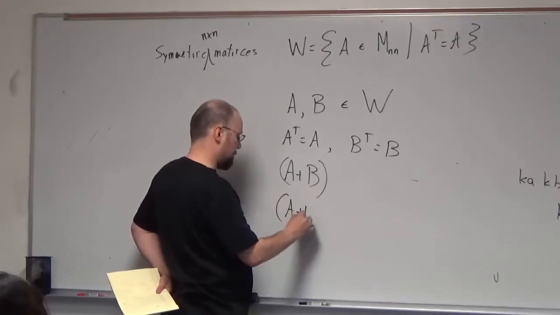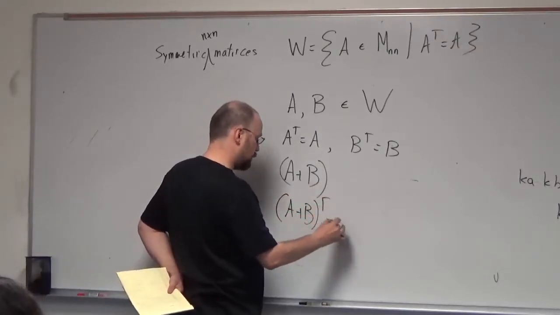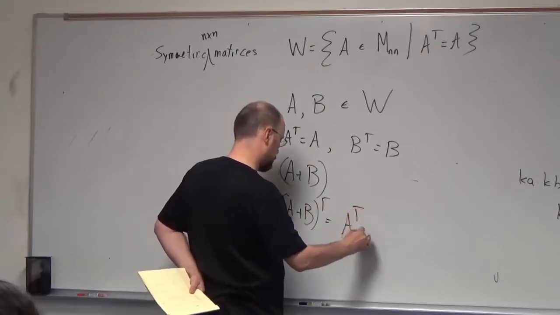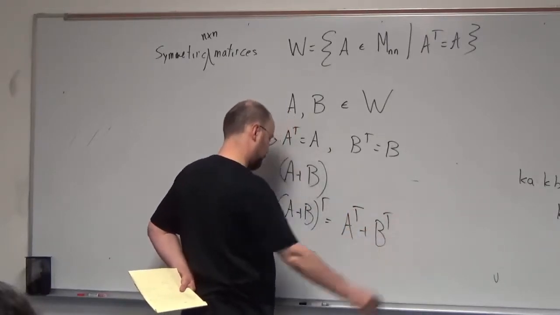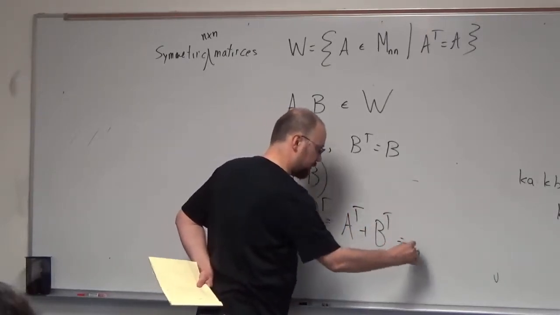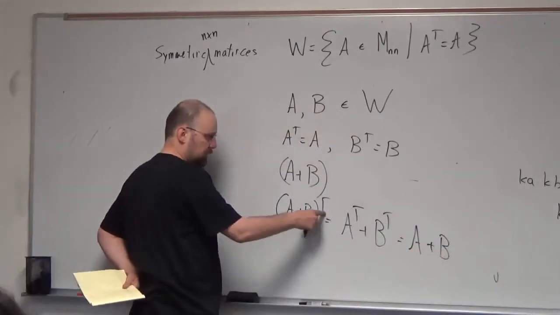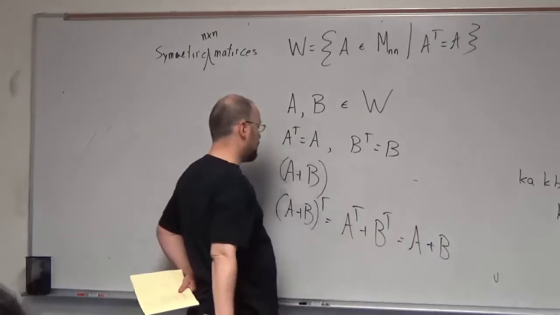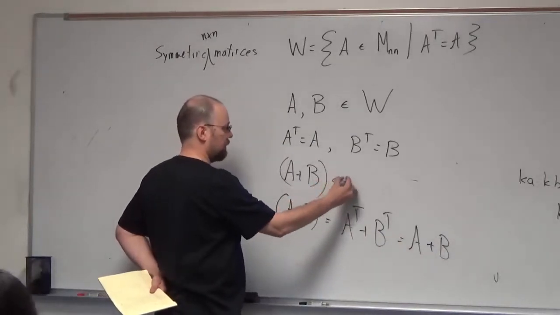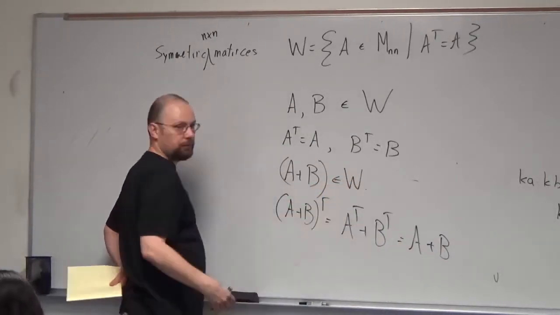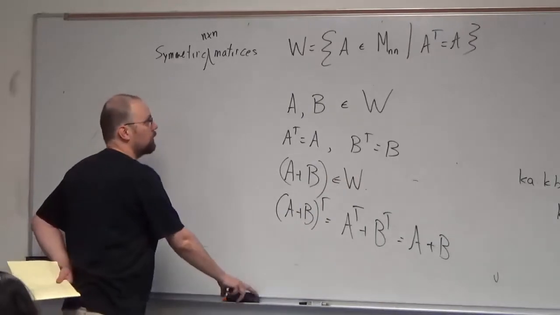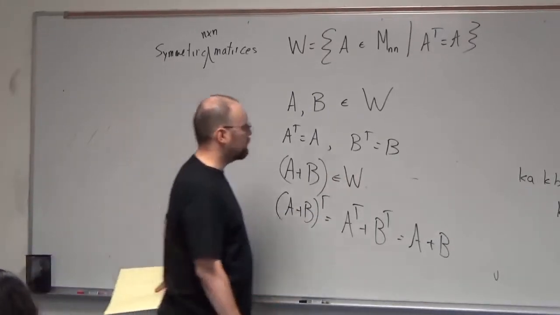A plus B transposed, by the properties of transposes, since A and B are symmetric, A transpose is A and B transpose is B. So A plus B transposed is equal to A plus B, therefore A plus B is symmetric. It is in the collection of symmetric matrices. So this set is closed under addition.